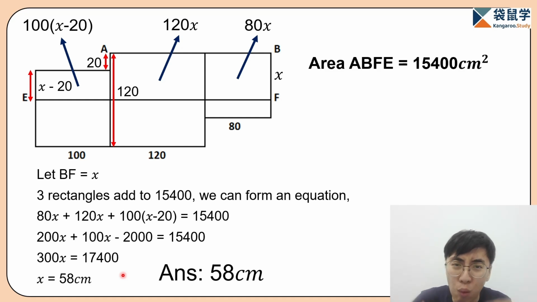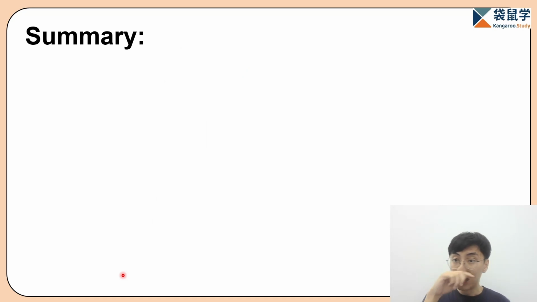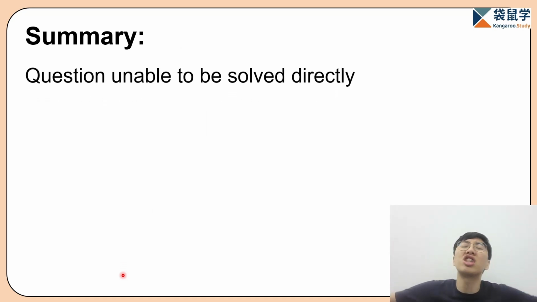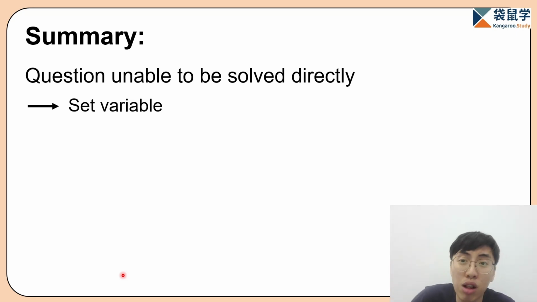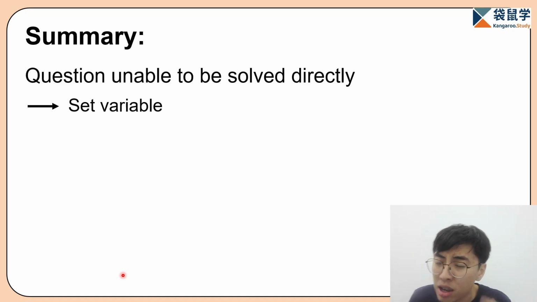So with that, what have we actually learned from this question? The summary is very simple. When we see this type of question that cannot be solved directly, what do we want to do? We try to set a variable to show what it is. And once we have set the variable, what is the next thing that we did?